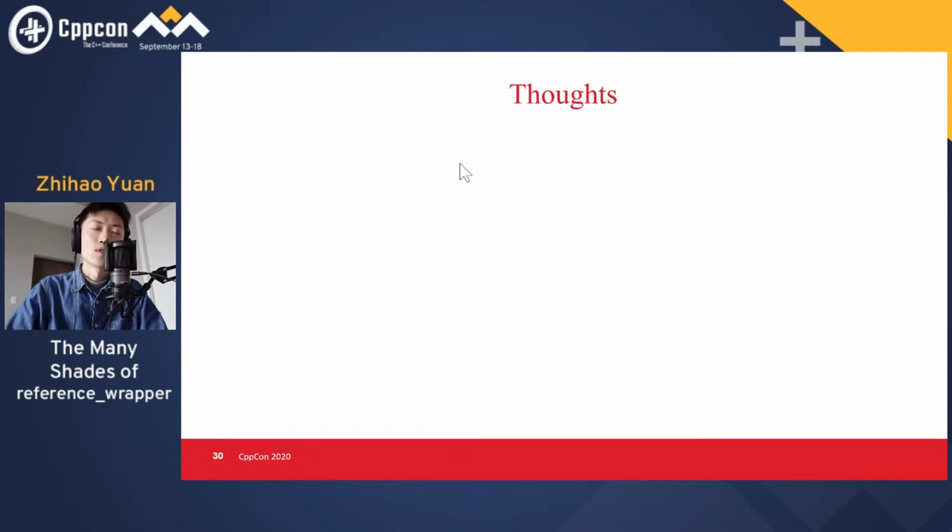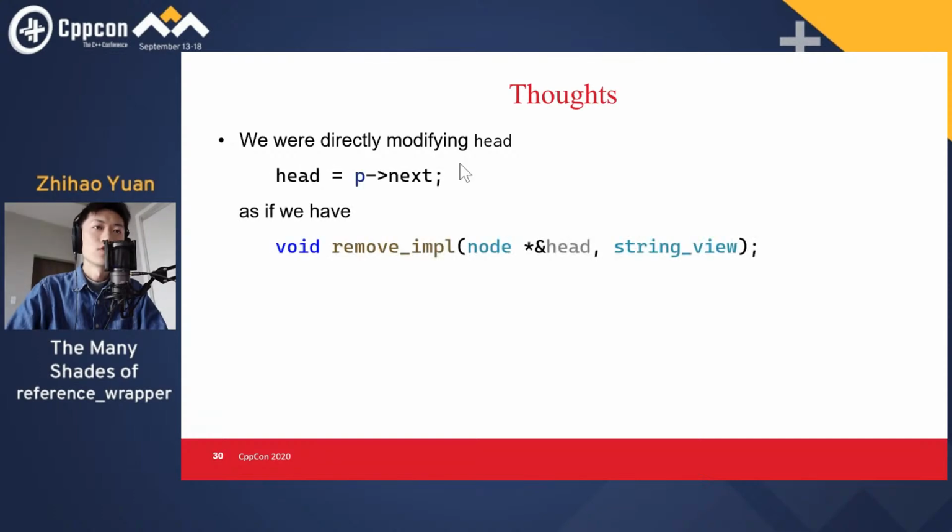Is there anything we can do to simplify it using the things learned today? Here are some thoughts. We will directly modify head as if we have an L value reference that points to the head, right?